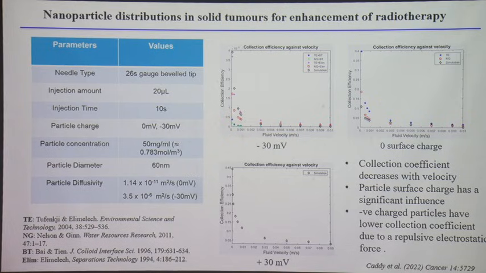But you can see that the correlation gives you very different results. So it turns out that it is necessary to run the microscopic particle tracking model in order to get more relevant and more accurate predictions of the collection efficiency.